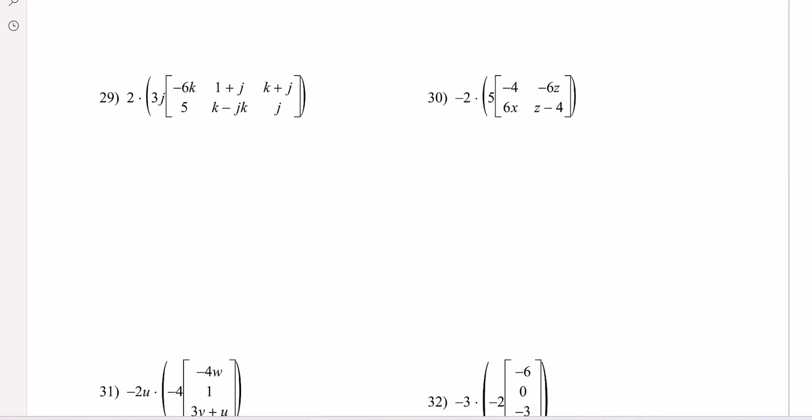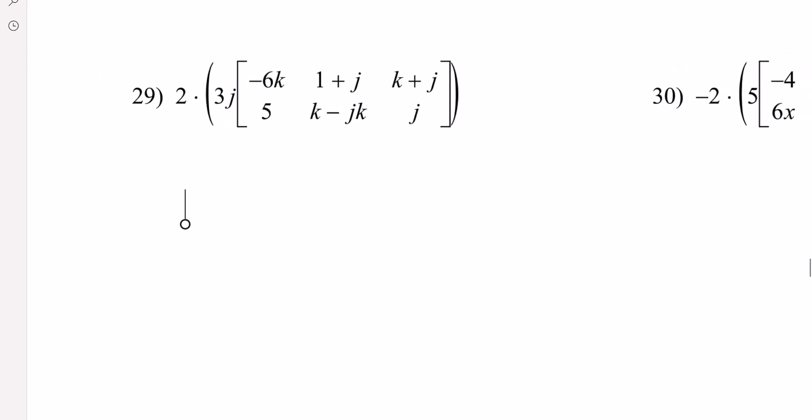Okay, now we're going to do scalar multiplication when there are two operations. Notice for this one right here, you've got this 3j multiplying against that 2 rows by 3 columns matrix, and then that result you're going to multiply by 2.